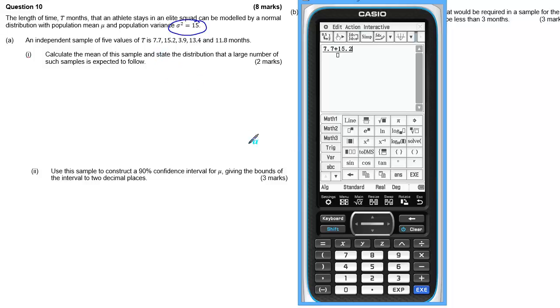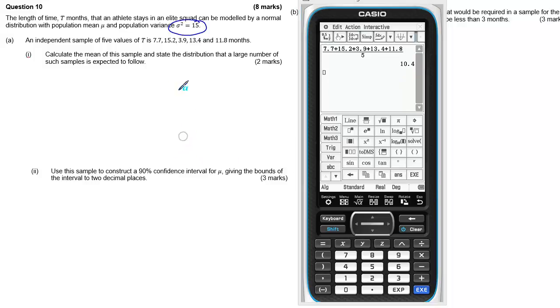So 7.7, add 15.2, add 3.9, add 13.4, add 11.8. We're dividing that by 5. Always just check your values before you hit execute. And that's 52 over 5, which is of course 10.4.